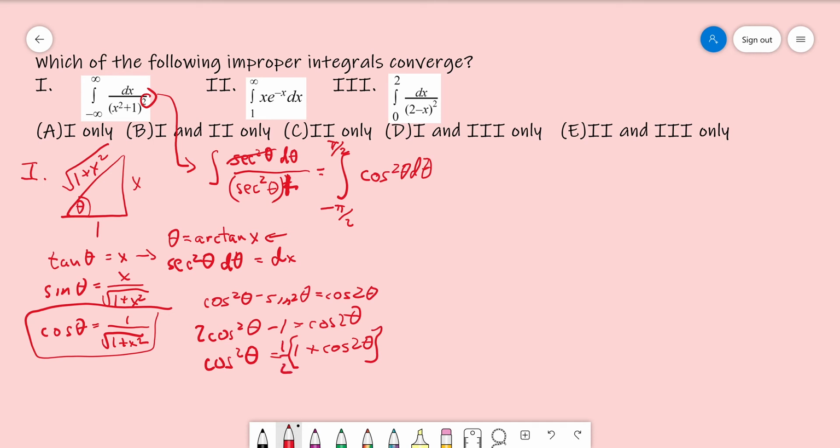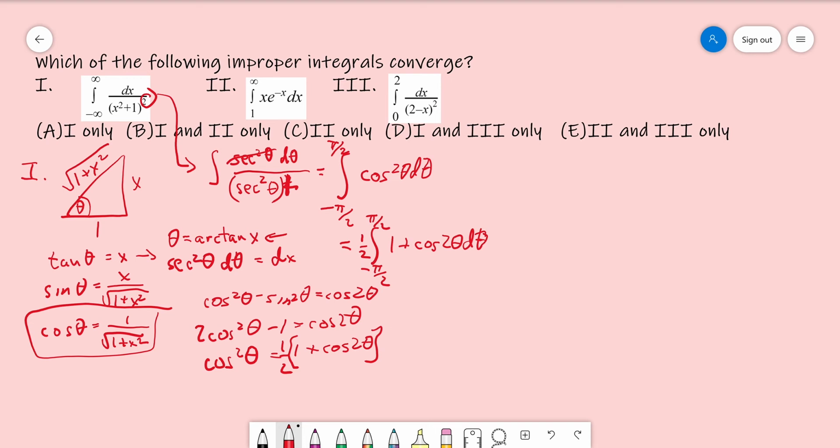And that's easy to integrate, so now let's substitute into our integral. Negative pi over 2 to pi over 2. Instead of cosine squared, we have 1/2, which can come out in front, times 1 plus cosine 2 theta d theta.